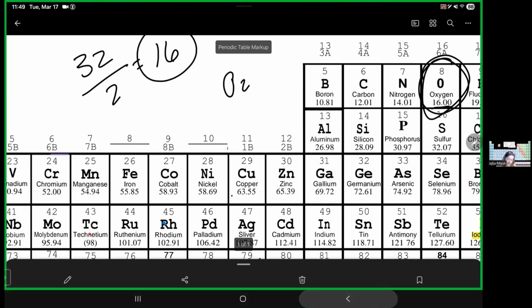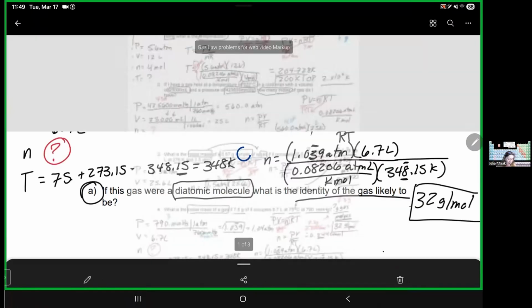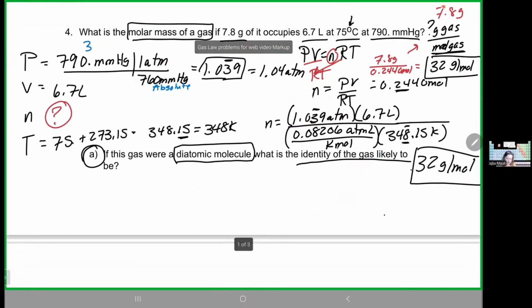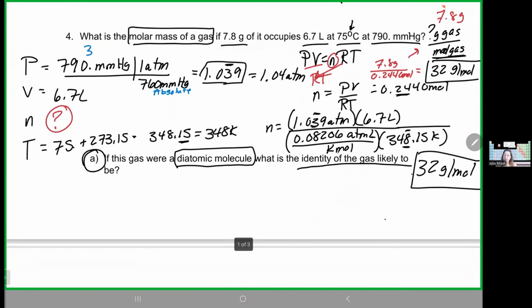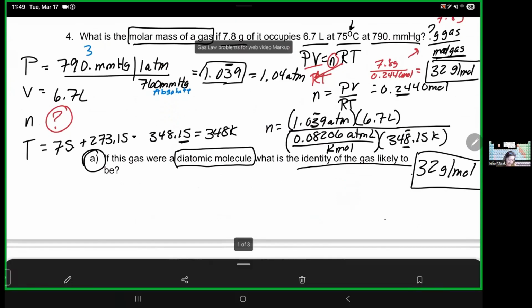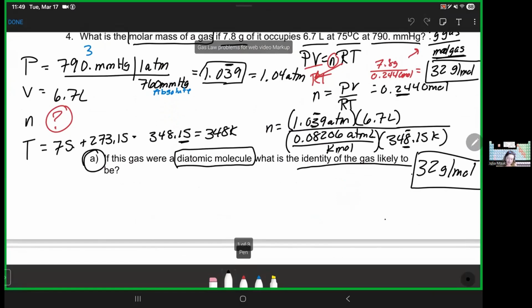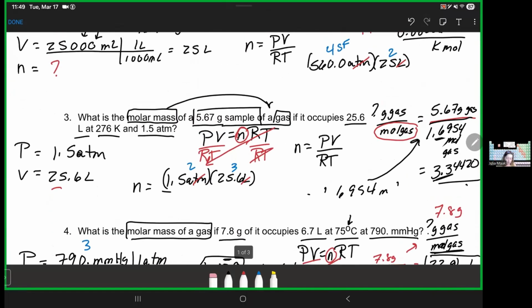So you might need to identify what the gas is, and they'll give you information like that, like, hey, it's a diatomic molecule. Since it's diatomic, we know that we're going to divide that by 2 to get the mass of each one of those atoms in there. So we can use a gas law to get the molar mass of a gas.